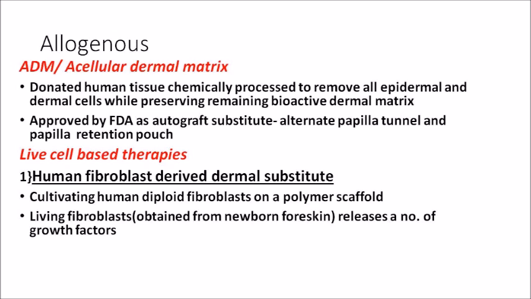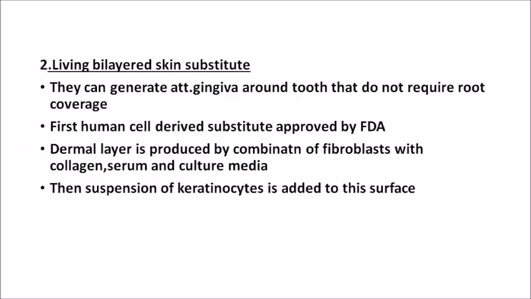This will release a number of growth factors, and hence we expect the recipient site tissue to grow and cover the recession. So that was fibroblast derived dermal substitute. It was a single layered polymer scaffold which was containing human diploid fibroblast.